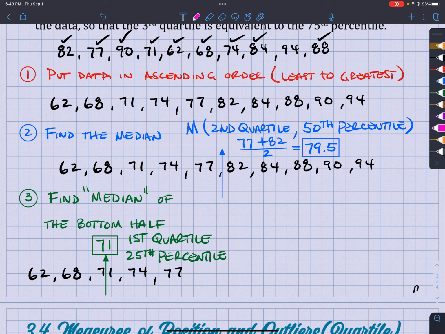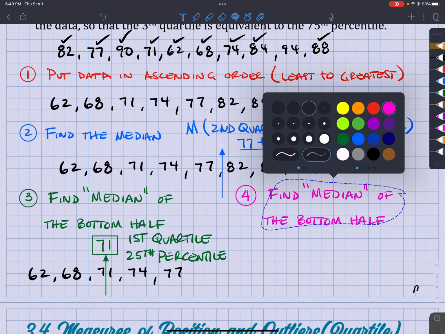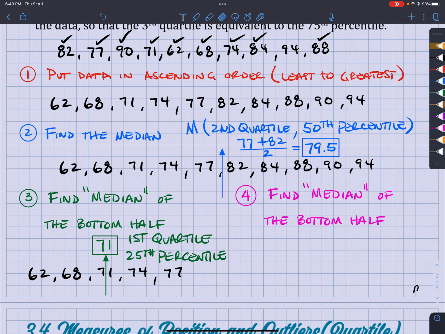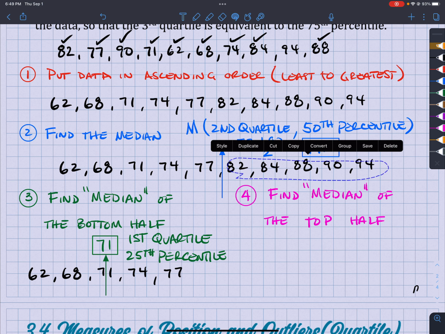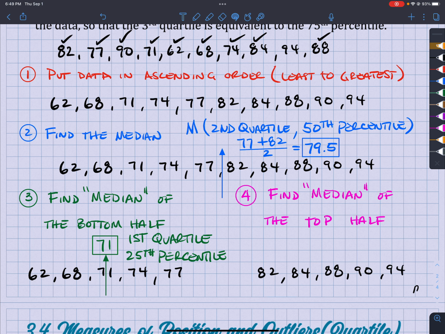Step 4 would be find the median of the top half, right? So that means I'm taking this half. I'm going to find the median there. So the one in the middle is right here.